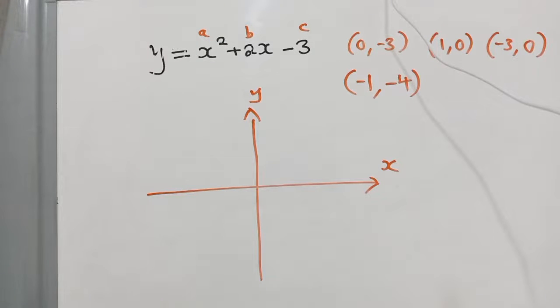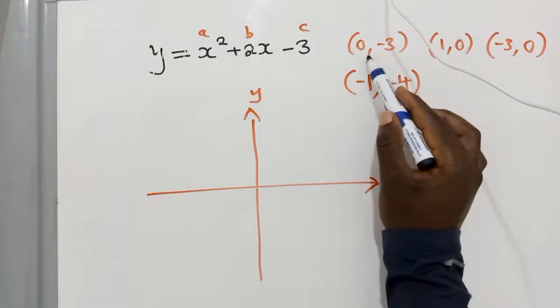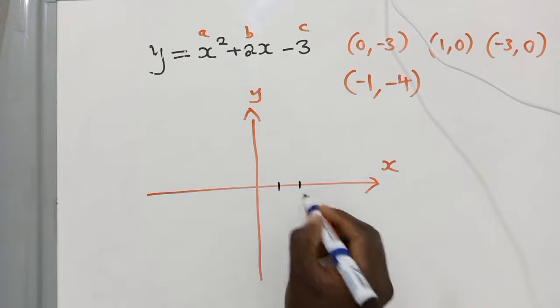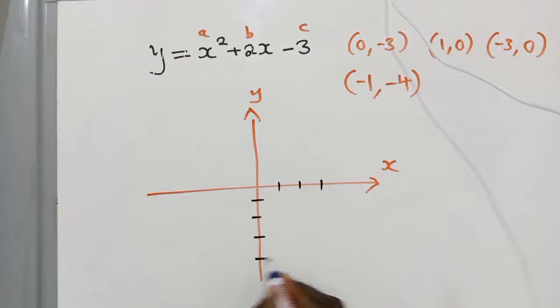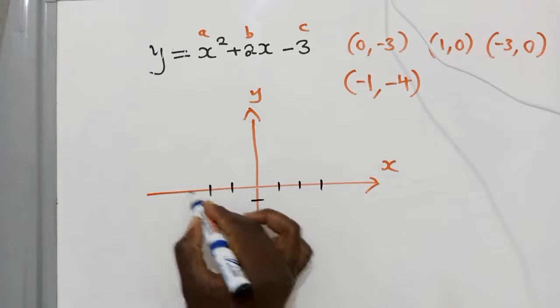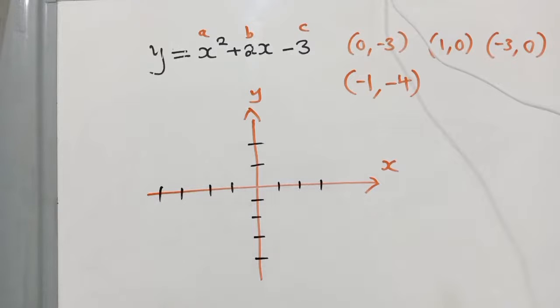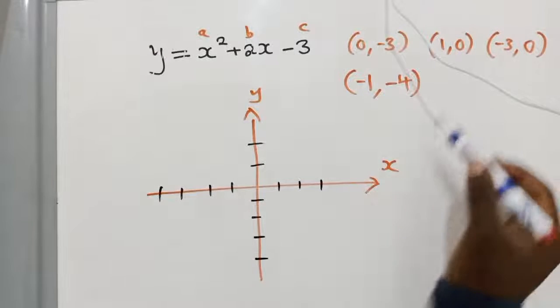We can start with whichever we want. So this is maybe 1, 2, 3. 1, 2, 3, 4. 1, 2. Whichever number or range you'd like, but it should accommodate these coordinates.